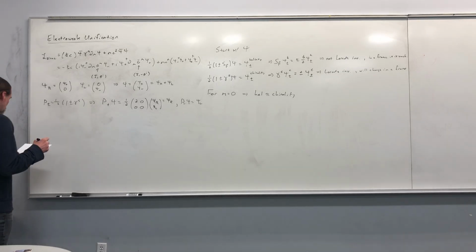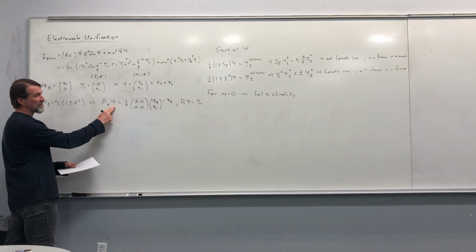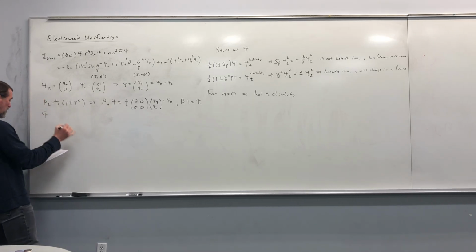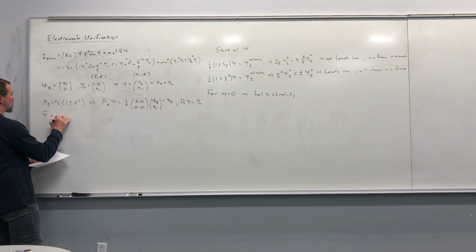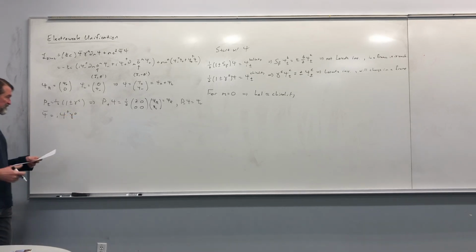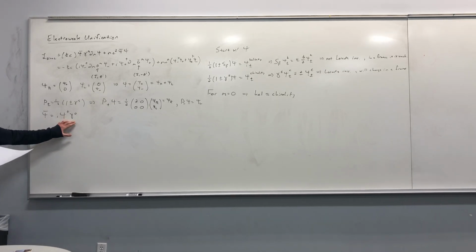Now, something interesting happens though, because this is how psi gets projected. However, let's look at psi bar. Remember, psi bar is defined as i psi dagger gamma 0. This is what you can think of as the dual spinor, and it comes from the original spinor through this construction.